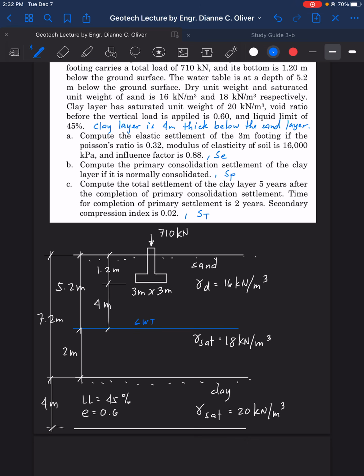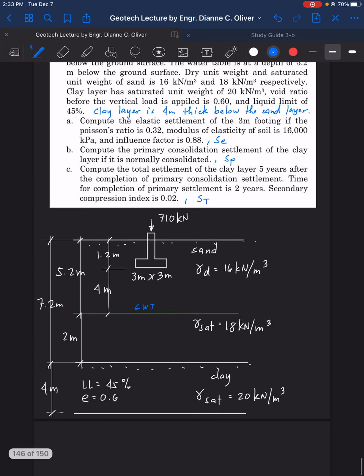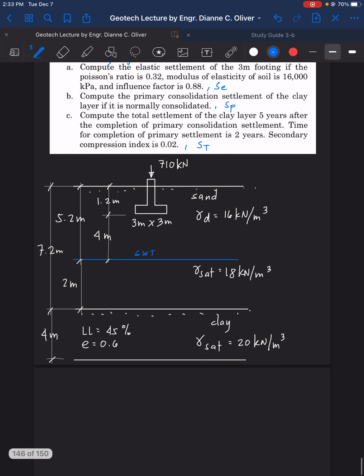Okay. So to solve for S total, we need the S elastic, S primary, and settlement for the secondary settlement. Okay. So we need to go to letter A first. Let's compute for the elastic settlement here.